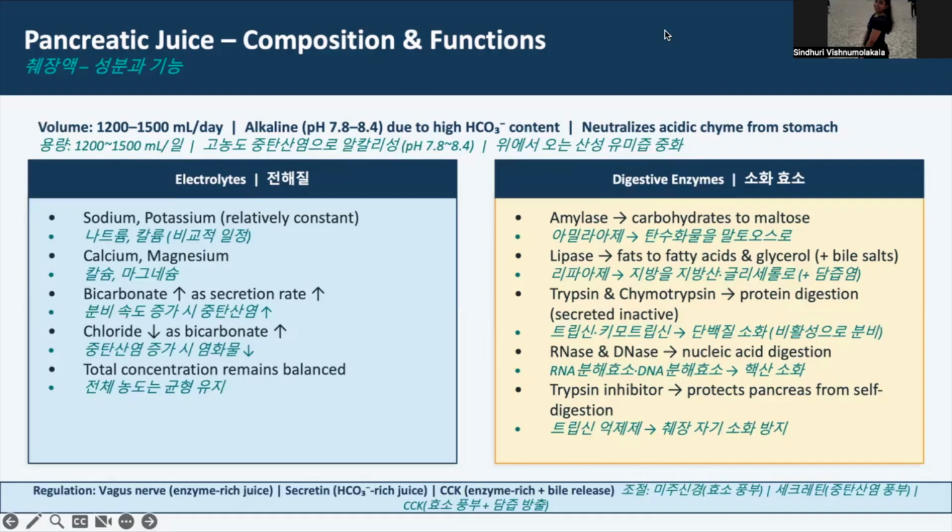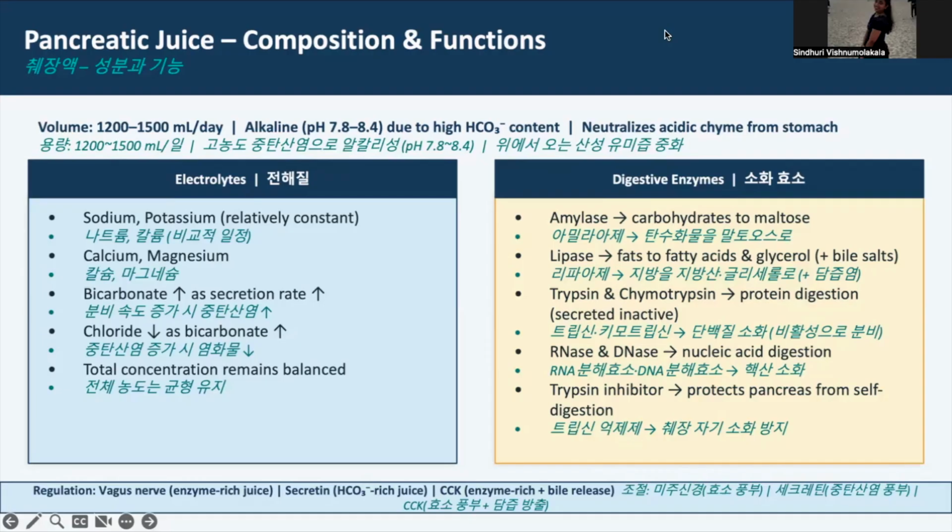So these are in inactive form in the beginning, which is trypsinogen, and it is activated by enterokinase, enteropeptidase, that is secreted by duodenal mucosa, and trypsin that acts as an autocatalyst, and it is broken down to form trypsin. Trypsin is the most powerful proteolytic enzyme of the pancreatic juice. It hydrolyzes proteins to small polypeptides.